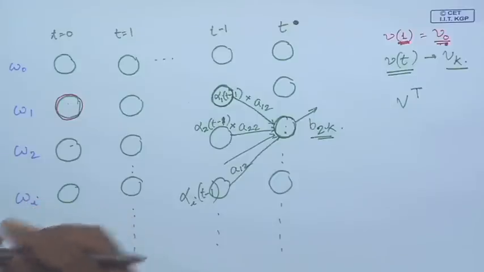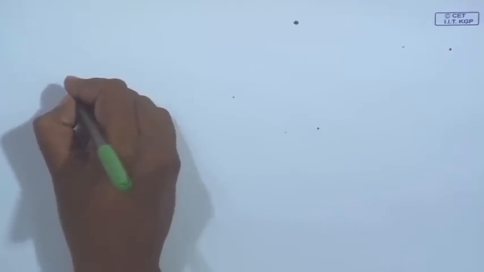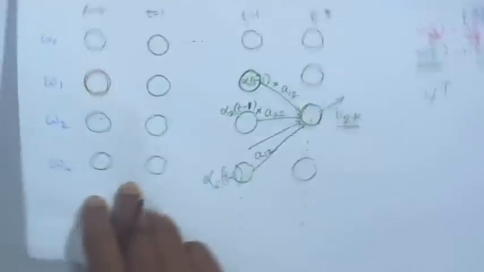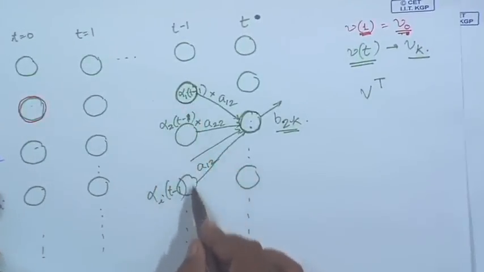So, by using this logic, I can have a recursive algorithm to find out the probability that the sequence V t was generated by hidden Markov model theta. For that, I define the term alpha j t, which, as we have just explained, simply says the probability that the machine will be in state omega j in time step t after emitting the first t number of visible symbols in the sequence of visible symbols V of capital T. Okay.